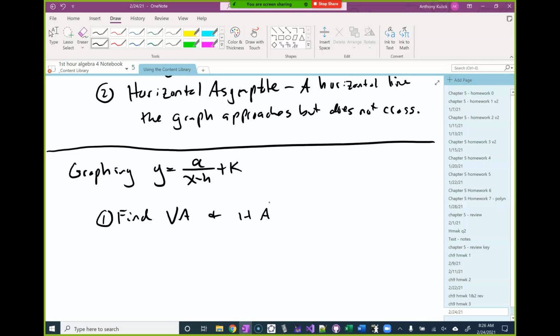The nice part about it is that to find the vertical asymptote or the horizontal asymptote is quite easy. The vertical asymptote is just the value for h, and the horizontal asymptote is just the value for k.